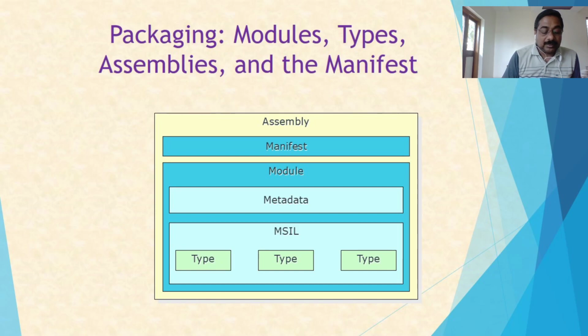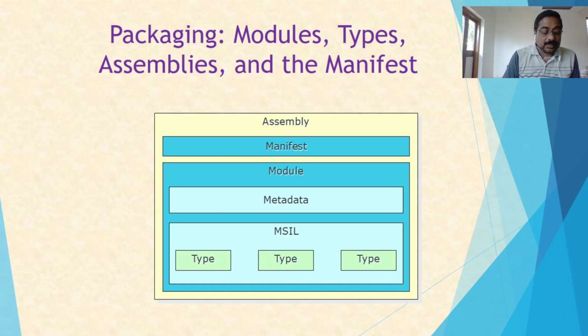When metadata is created, the manifest is also stored with the MSIL. So both metadata and Microsoft Intermediate Language, MSIL, together are wrapped into a portable executable, that is a PE file. The manifest contains information about itself.